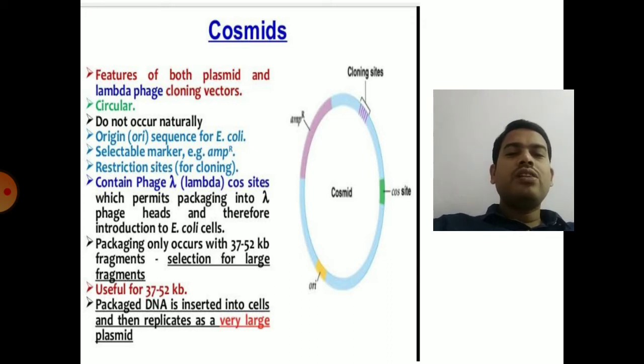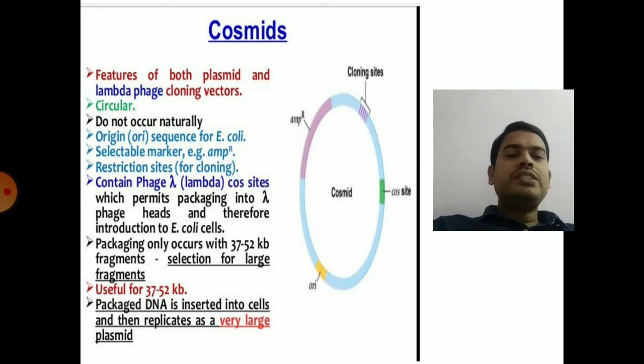They contain the origin of replication of E. coli, and a selection marker, ampicillin resistance, and they contain cohesive sites for recircularization of the plasmid, and multiple cloning sites where you can insert your foreign DNA.